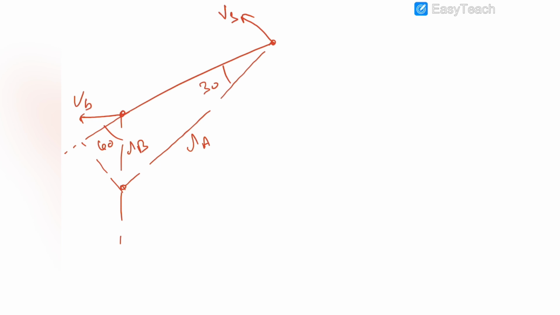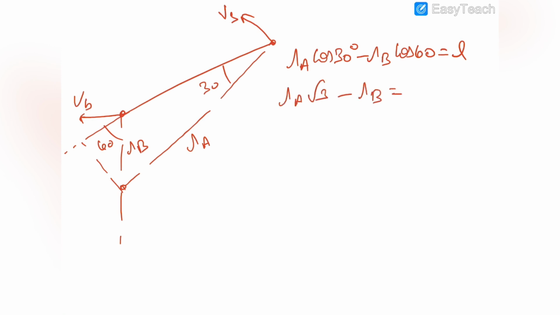So you can see that this component would be RA cos 30 and this would be RB cos 60. So RA cos 30 minus RB cos 60 is equal to L, and L is 10. So RA into root 3 minus RB is equal to 20 because L is 10.